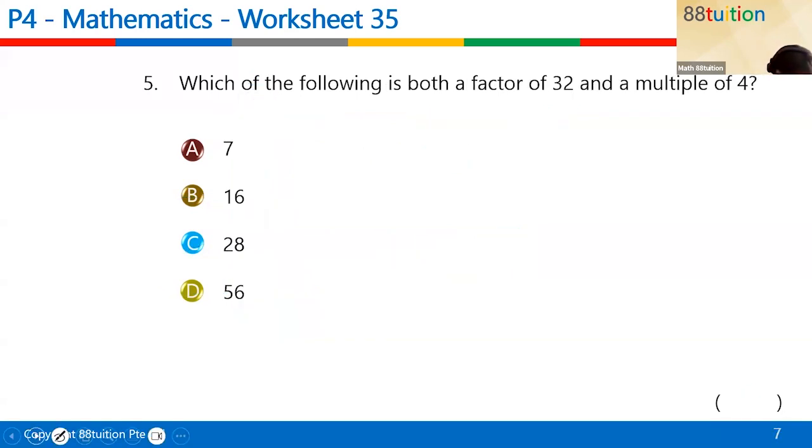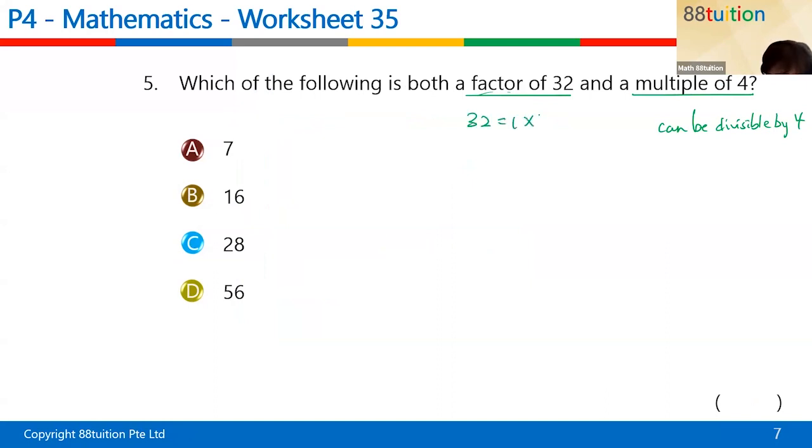Okay. Question 5. Which of the following is both a factor of 32 and a multiple of 4? So multiple of 4 means it can be divisible by 4. It is also a factor of 32. So which one can divide 32? A factor of 32, sorry.